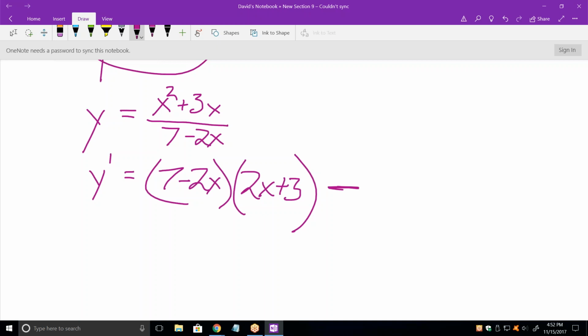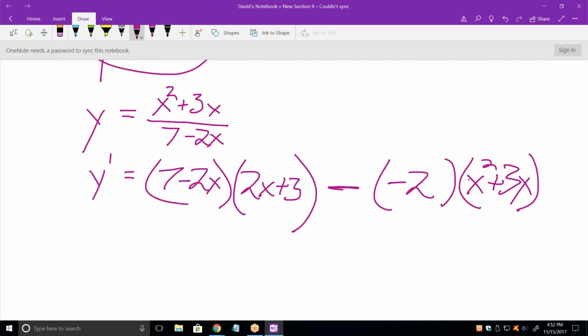Okay, now do the reverse. In other words, obviously these two need to be the reverse of the first two. So now take the derivative of the bottom, which would be just -2 times just the top, x squared plus 3x, all divided by the bottom squared.